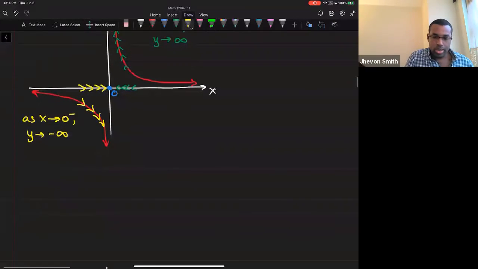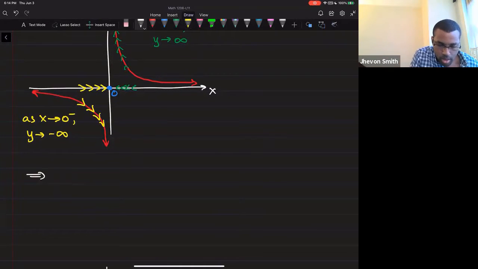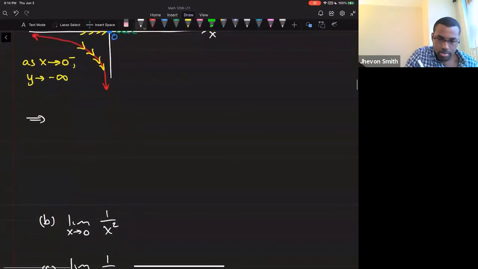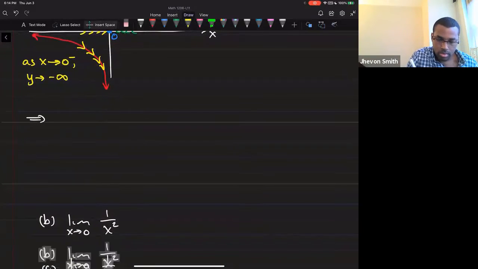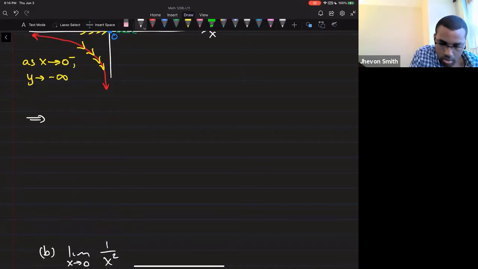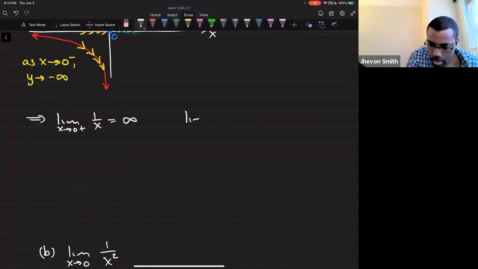So essentially what we can take away from that is that the limit as x approaches 0 from the right of this function is infinity. And the limit as x approaches 0 from the left of this function is negative infinity.